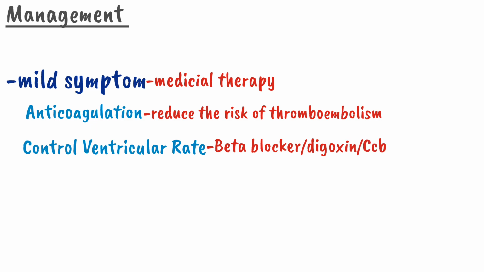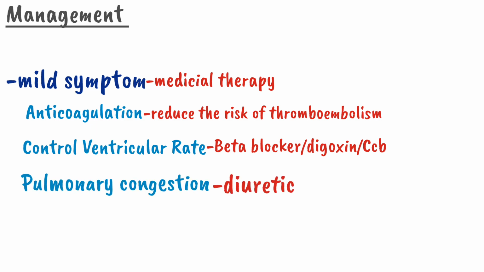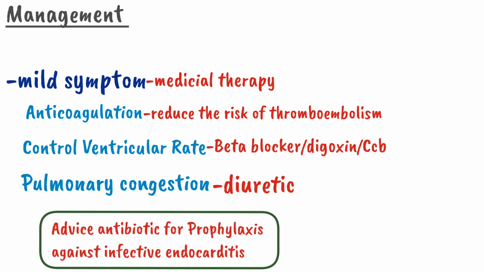Other than these, to treat the pulmonary congestion, we can use diuretics. The diuretics will decrease the pulmonary congestion. Last thing is that we can also advise antibiotic prophylaxis against infective endocarditis, but this is no longer routinely recommended. It was all about the medical treatment of mitral stenosis.